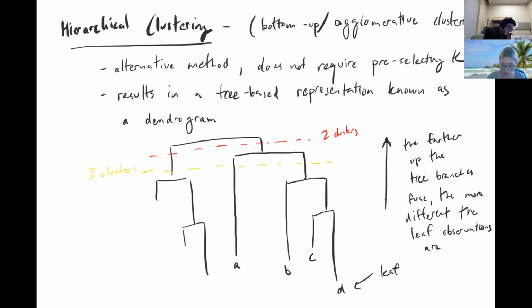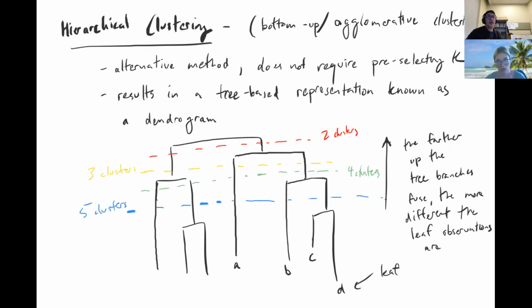And if you were to cut over here, this would give you 4 clusters, and so on and so forth. These should extend all the way down. I should always be able to make anywhere between 1 to n clusters, where n is equal to the leaves on the tree.